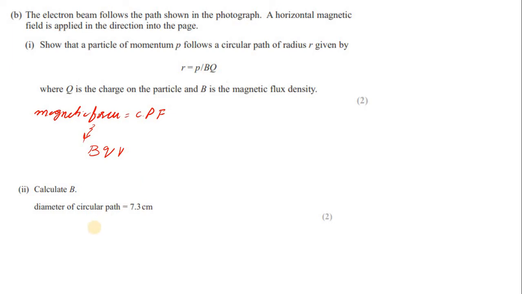It is better to use capital Q for charge, because Q is given. So I am using BQV, where v is the velocity, and the centripetal force is mv squared over r. One v gets cancelled, and if you make r the subject, r is equal to mv upon BQ. And m is the mass, v is the velocity, so mv is p, giving r equal to p upon BQ. That's how you can derive it.